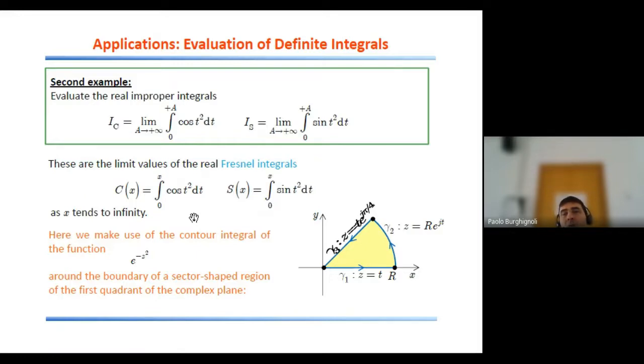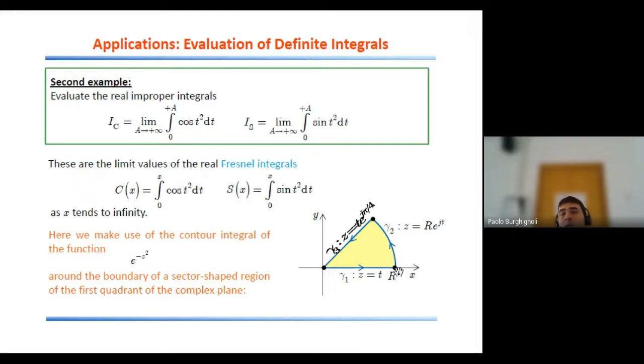In this case, we will apply it to the entire function e to minus z squared, which will be integrated along this closed contour, in which we have the union of three curves, gamma 1, which is a straight line that goes from the origin to the point r along the real axis.